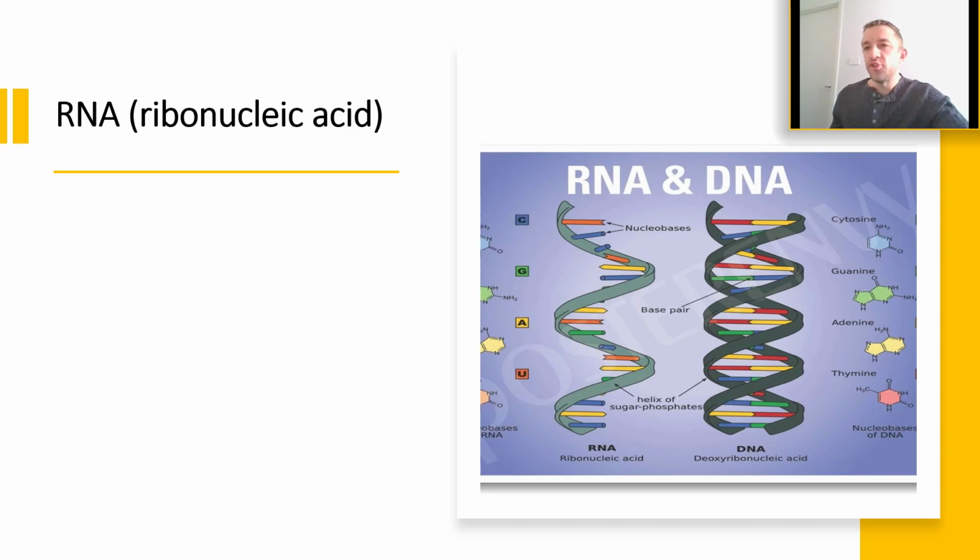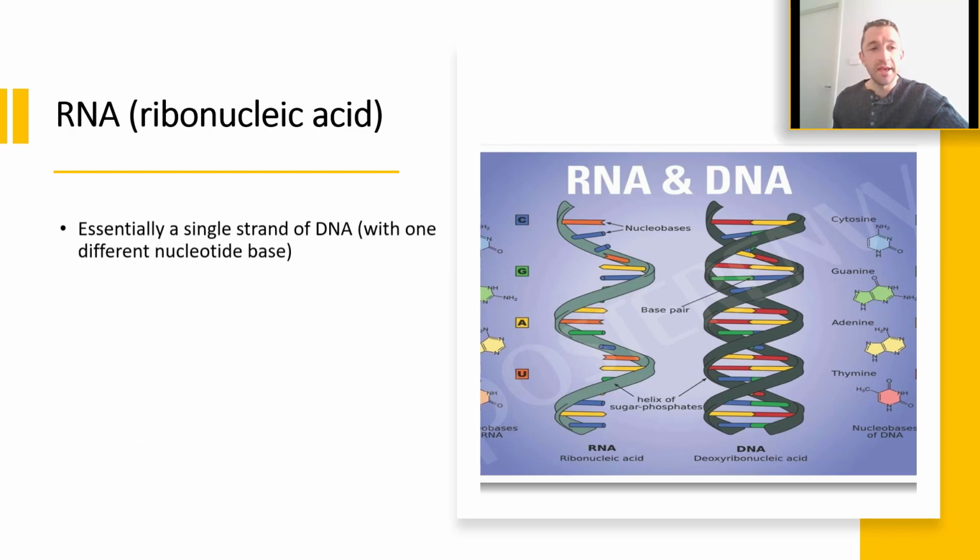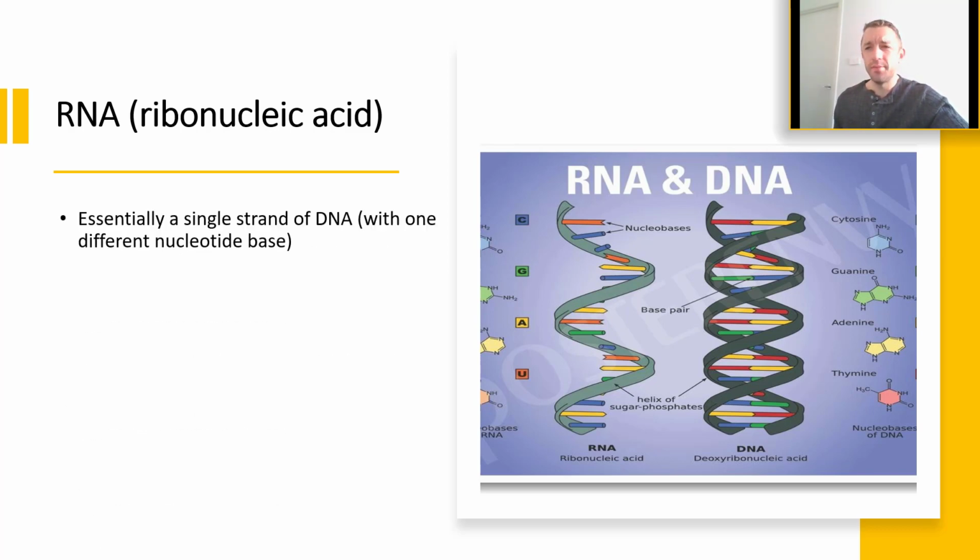Now, before in the introduction to DNA, I did mention ribonucleic acid, or RNA. And what is it? We're going to look at that right now and compare it to DNA. Essentially we can look at RNA as a single strand of our DNA. We've got one difference in our nucleotide bases.